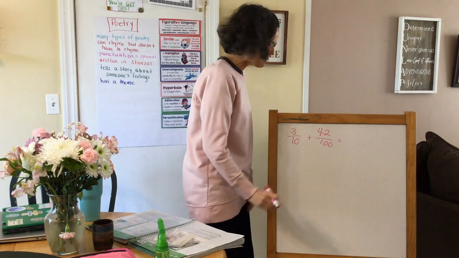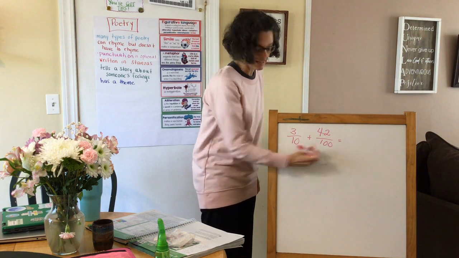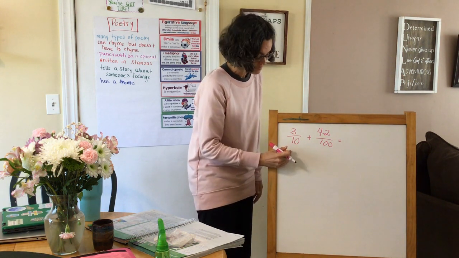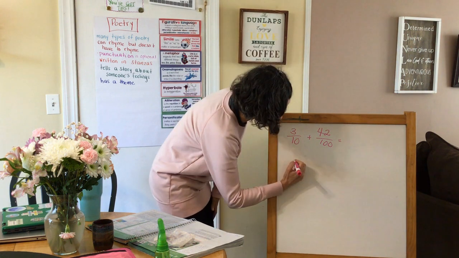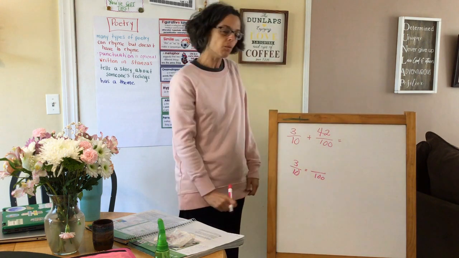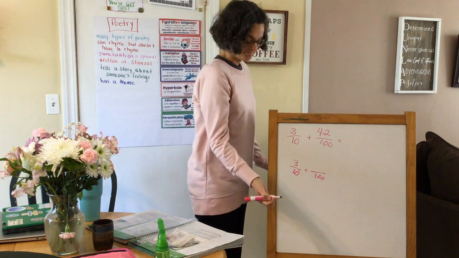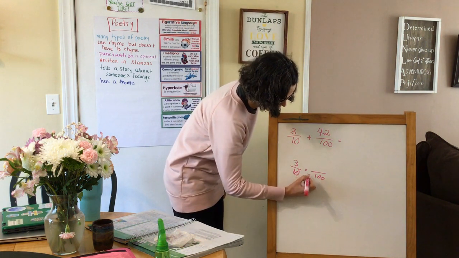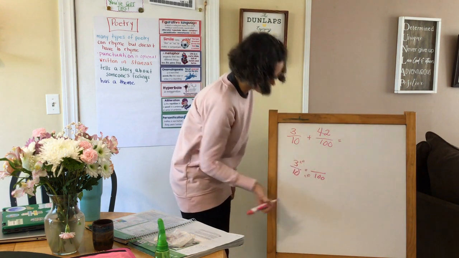All right, let's see what you came up with. Can I add it the way it is? No. The denominators are different, so I need to make them the same. So I'm going to change 3 tenths into something over 100. How do I get from 10 to 100? I have to multiply by 10. So that means my numerator has to be multiplied by 10.